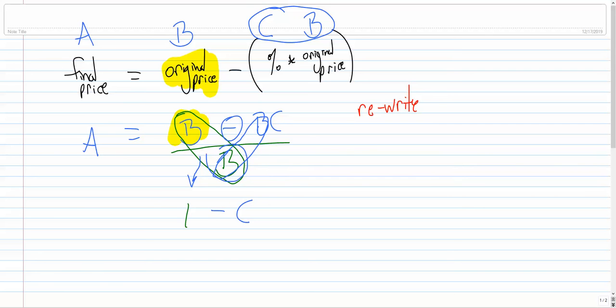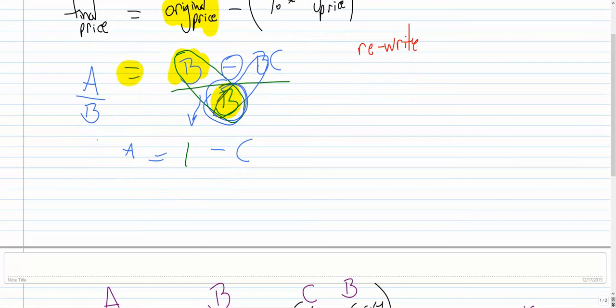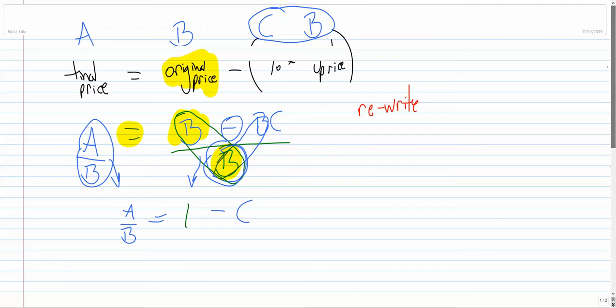Since I divided this side by B, there's a rule that says since you have an equal sign, whatever you do to one side, you've got to do to both. And most junior high kids know that. So if I divided this side by B, I've got to divide that side by B. So what am I at now? I'm going to rewrite this right here. So I've got A over B equals 1 minus C. Now that doesn't look too bad.